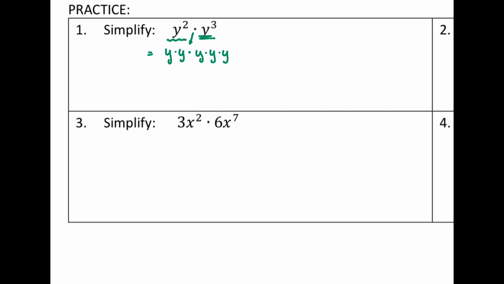So can you see how we can go backwards and now write this as y to the fifth, because there's 5 y's in that line right here. So how do I get from here to here? You basically add these two exponents, right? Because 2 plus 3 is 5, and we got a 5.